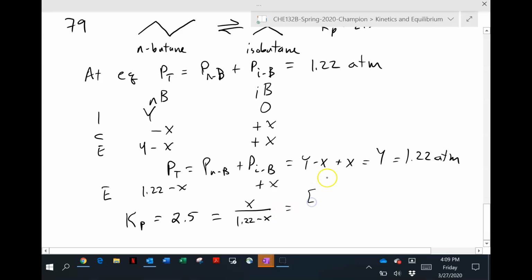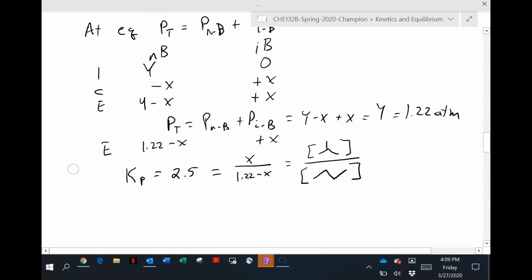So again, isobutane on the top, N-butane on the bottom. I know that looks weird, but you'll get used to that nomenclature system when we get in organic. So what we're focusing on here is this little algebra problem in the middle. And it's not too bad.